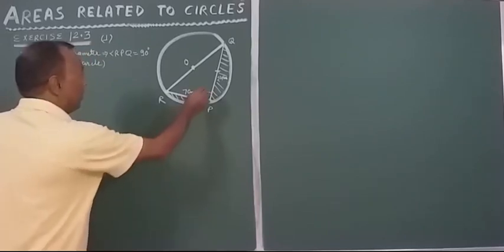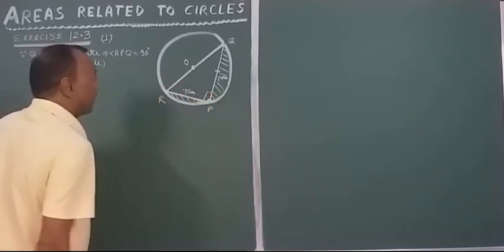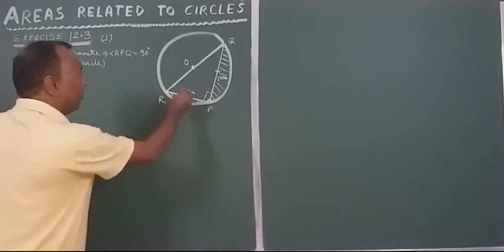So now this triangle PQR is a right angle triangle. Can we find QR?